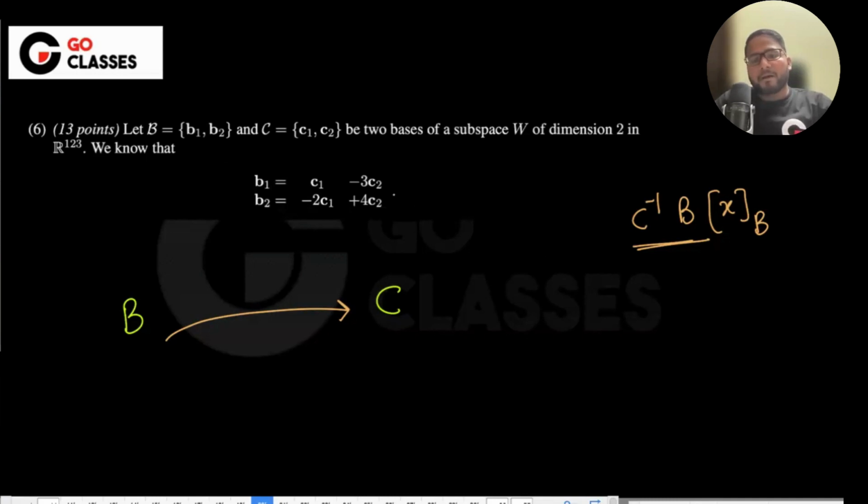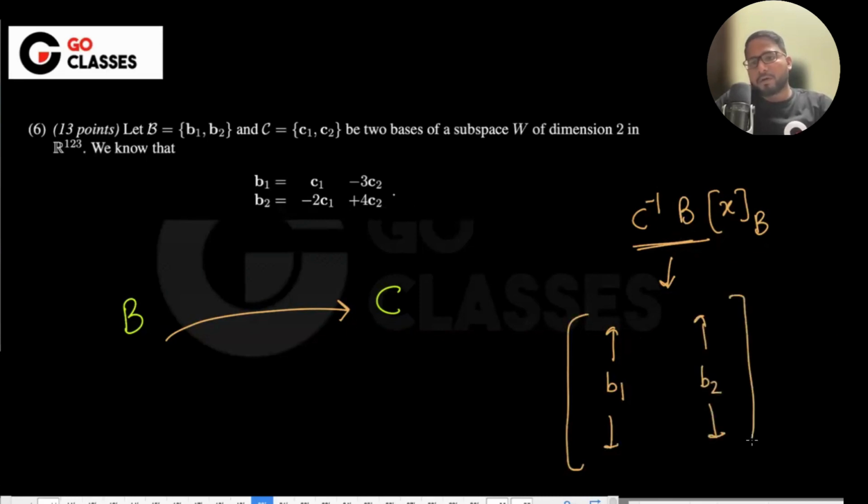Now they have given some relationship between these two basis vectors. Now, as I know, C inverse B is nothing but the first basis vector B1, B2, this is B. I've just written B and then C inverse, right? B into C inverse.